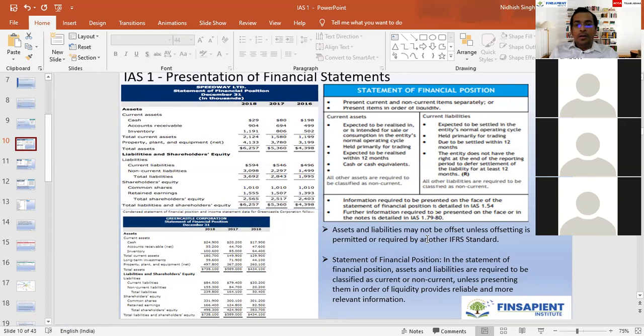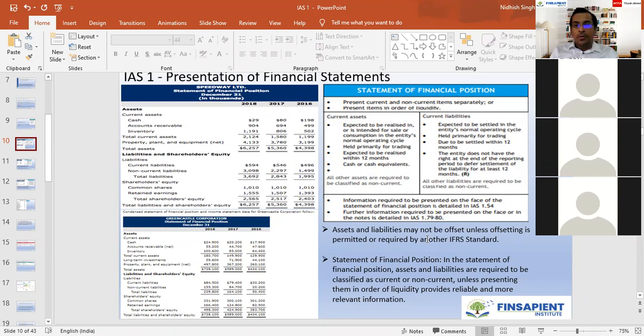Then there are some other line items. Generally, if something is held for trading within that calendar year, for 12 months, it should be classified accordingly. Otherwise, it will go into the long-term asset or property, plant, and equipment.